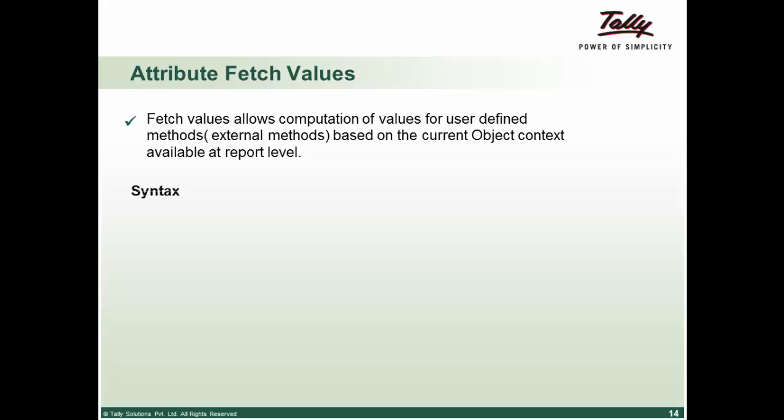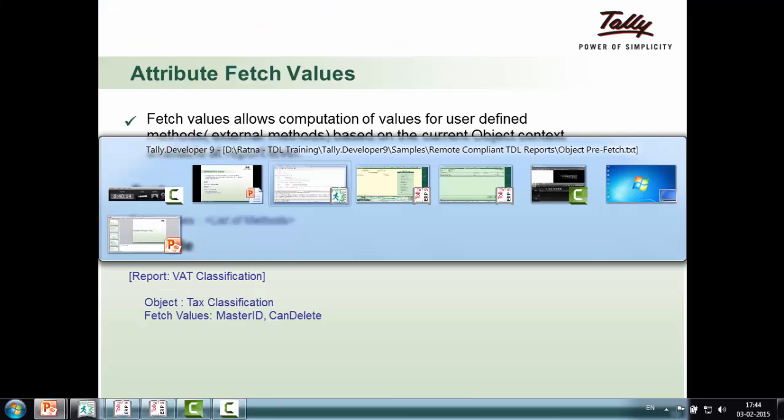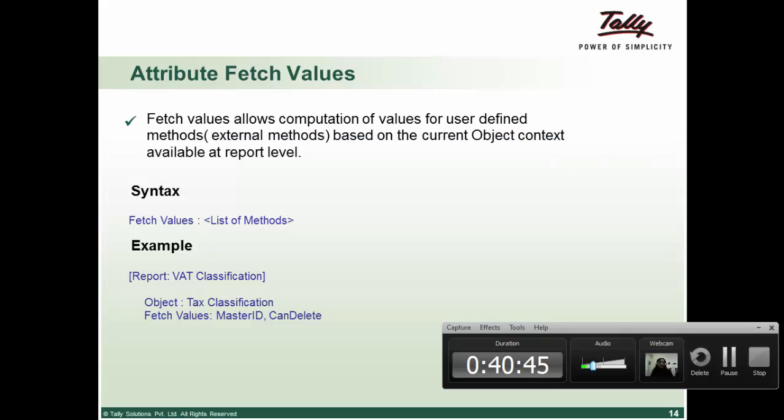Now talking about fetch values, again these are the list of values or methods that you need. Now the object context of the report can be different from the objects that you are fetching at the report level. Ouch. I mean, how is it possible? Why not? There is a possibility that the entire report goes on a different object context.